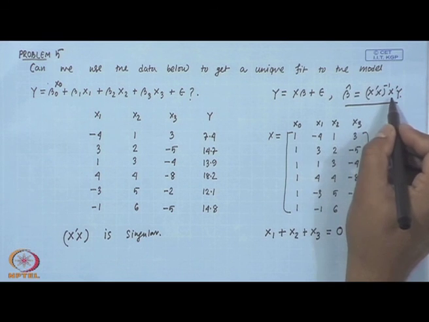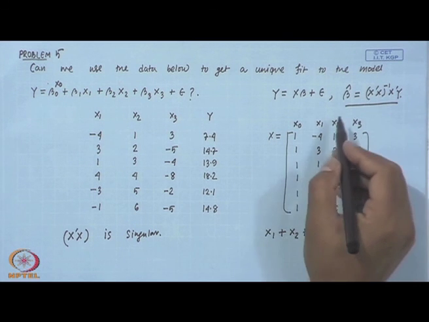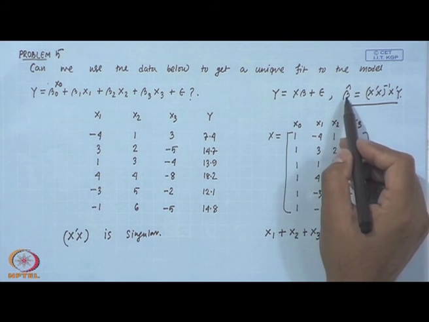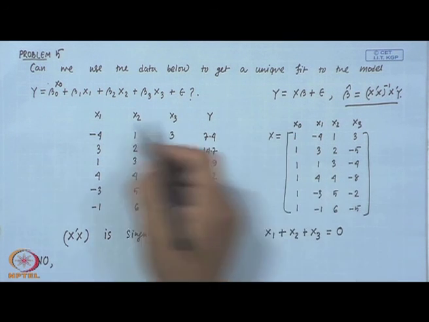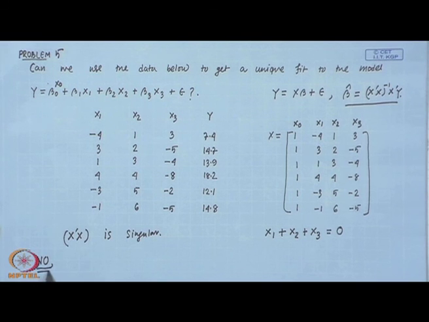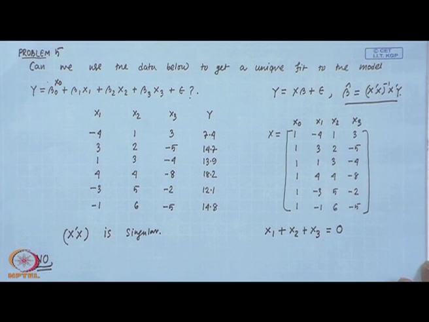So, you can't compute the inverse of the X prime X matrix. So, that is the problem; you can't compute beta uniquely here. Okay. So, the ultimate answer to this question is no. We can't use the data below to get a unique fit to this model. Okay. So, this problem is related to the ill conditioning of the X matrix, right.